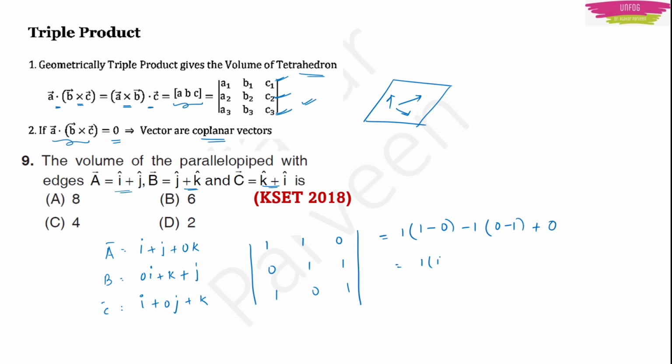So 1 into 1 minus 1 into minus 1 will be 1 plus 1. So this will be 2. So option D, 2 will be the right answer. This is so simple, right? Only thing is that you have to write the vectors properly. When they have not given a component of the vector, it means that the coefficient of that component is 0. Okay.